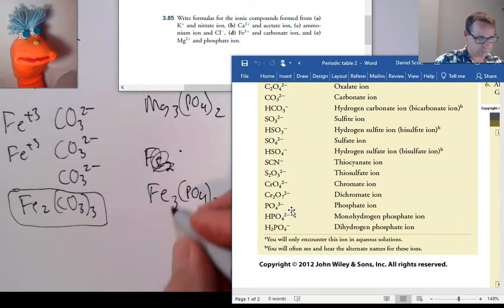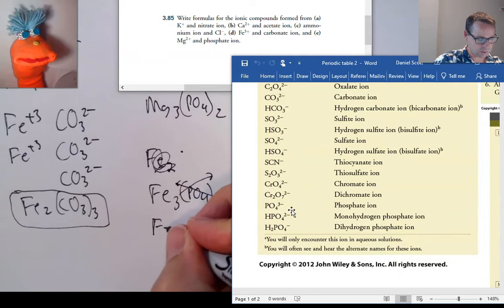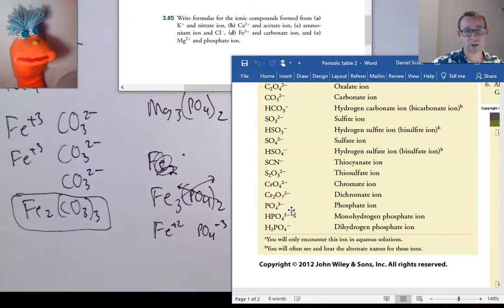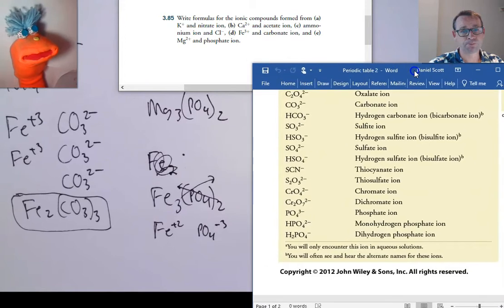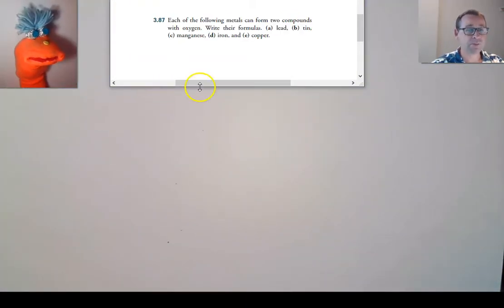You can also do the reverse rule like this, because this will help you identify that the iron must have been a +2 and the phosphate must have been a -3. So you can do that backwards as well. And that helps you with not just the iron, but also identifying what the charge on a given polyatomic ion is.